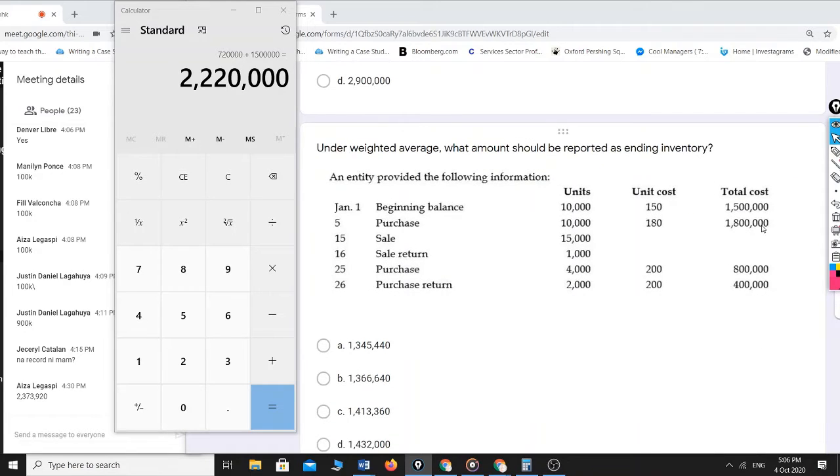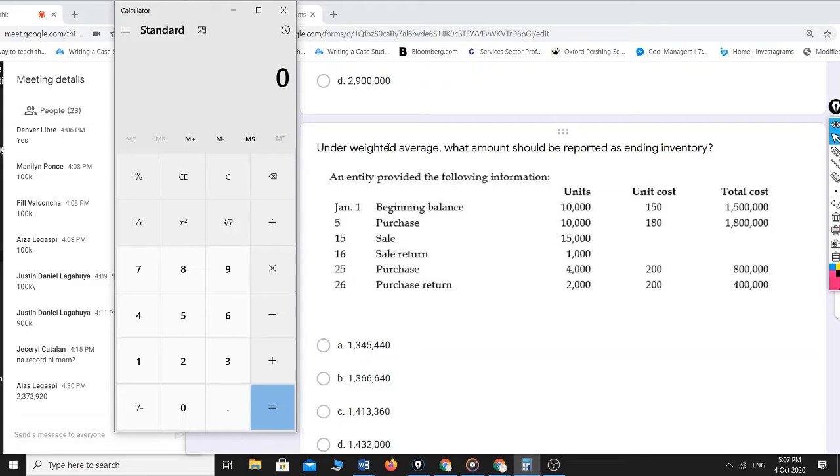Okay, this time, same problem pero ang gipagamit is weighted average. So, weighted average, okay? Between the two, much simpler si weighted average. Okay, atong beginning balance.